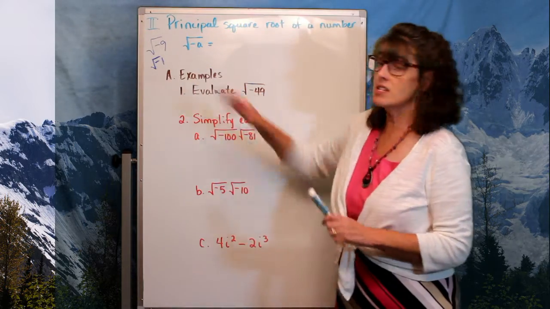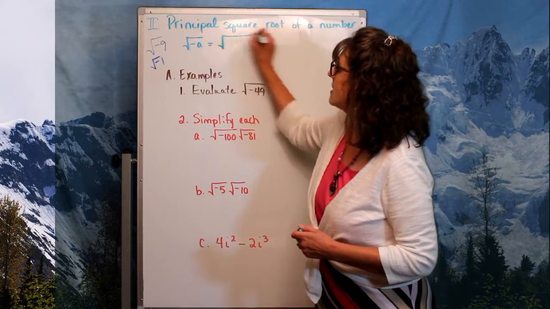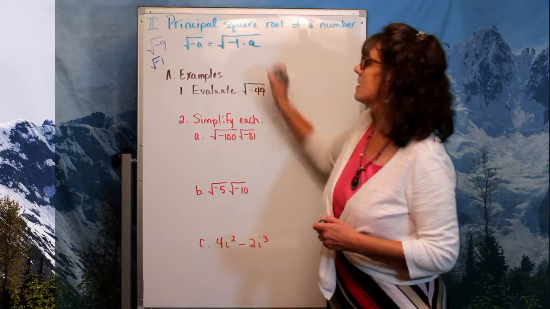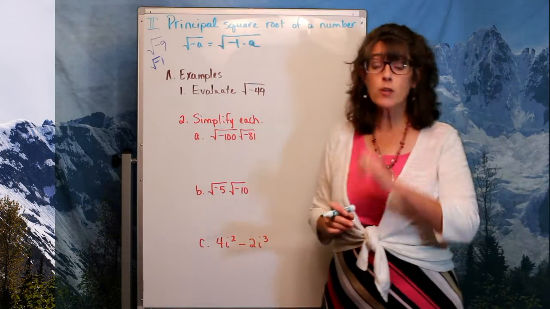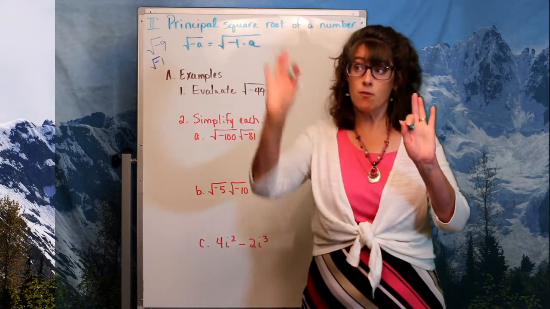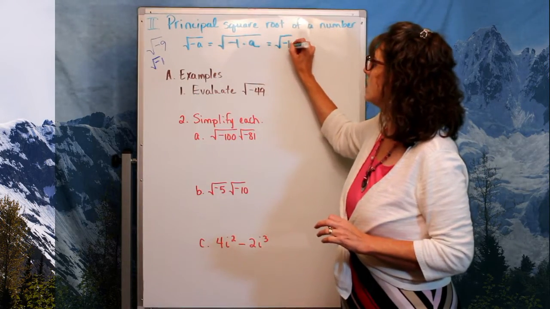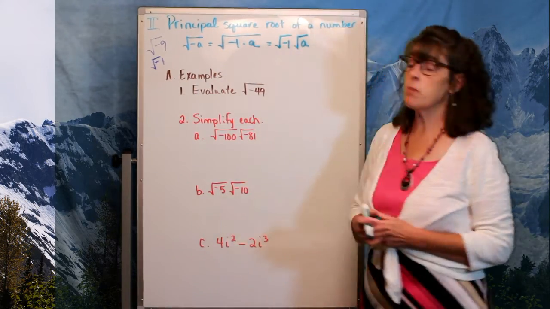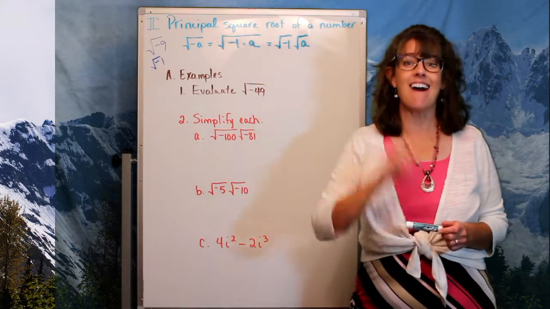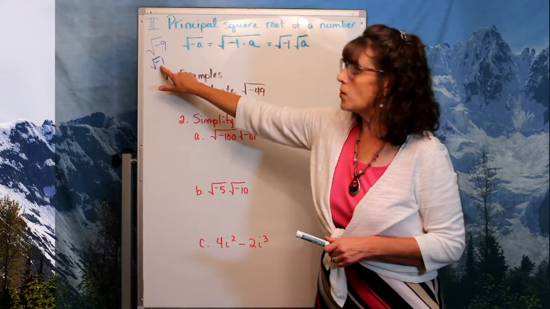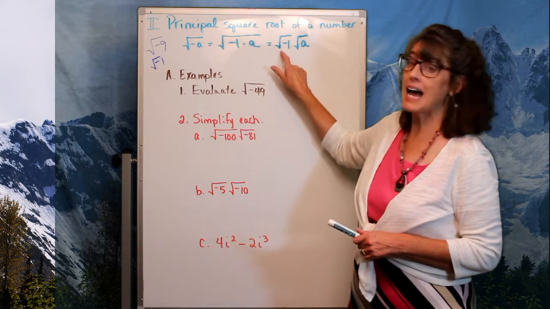So I can look at this negative a as a negative 1 times a. And my product rule said I can take those two factors, that negative 1 and that a, separate them out into their own individual radicals like this, and multiply those radicals together. And aha! We just said the square root of a negative 1 is going to be an i.